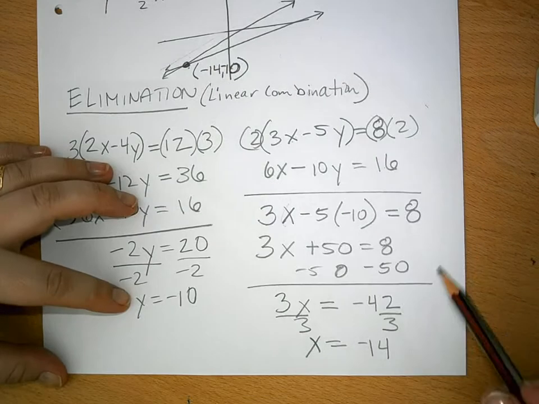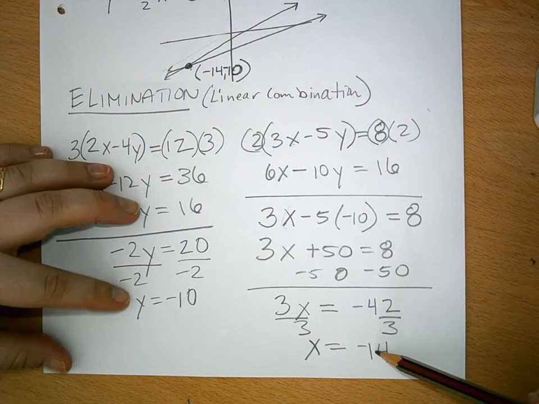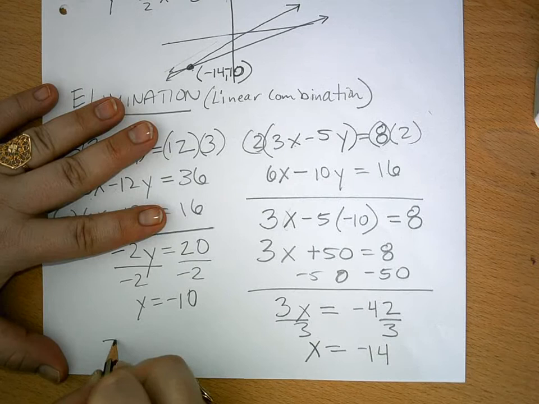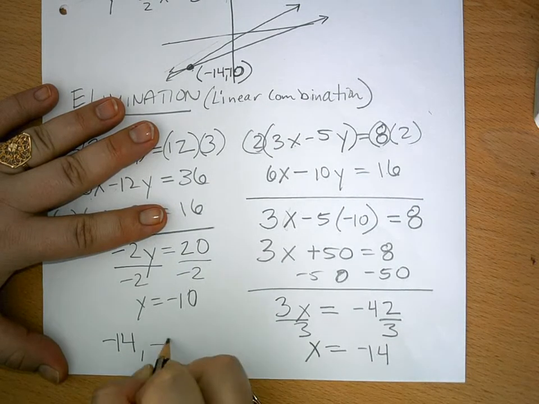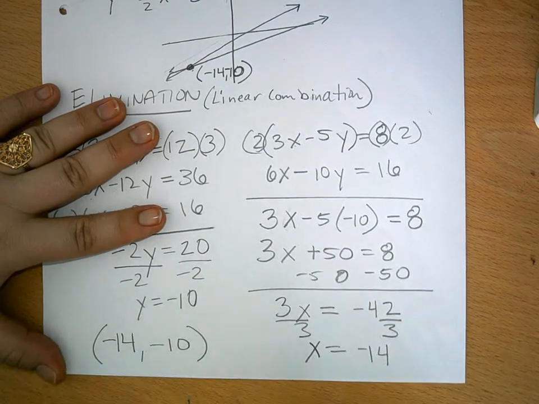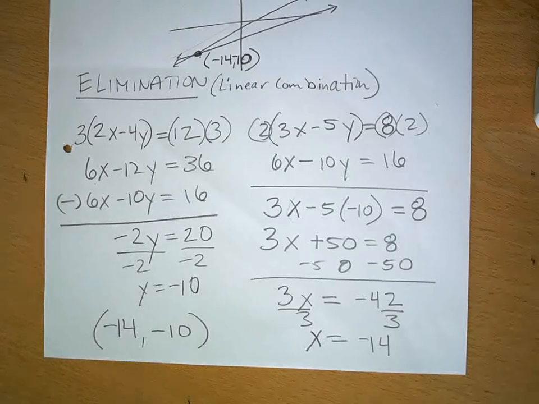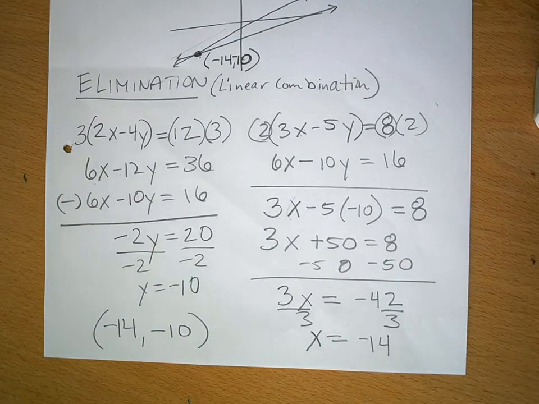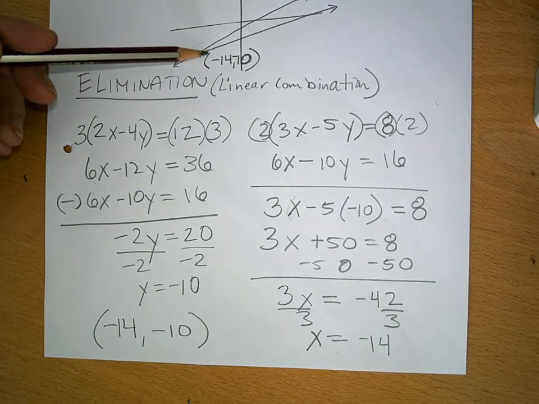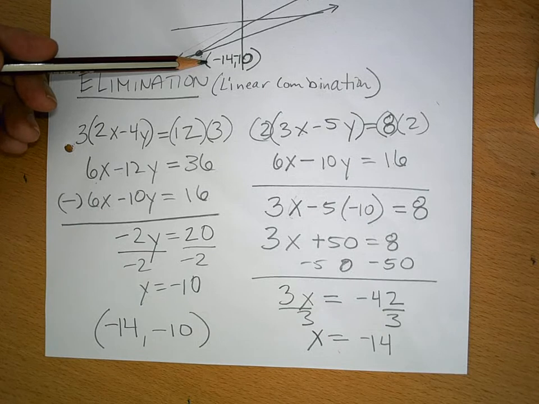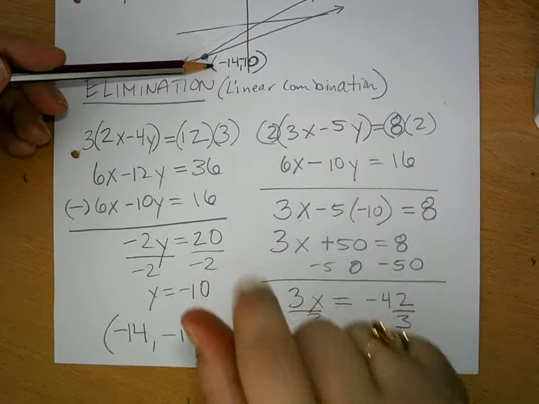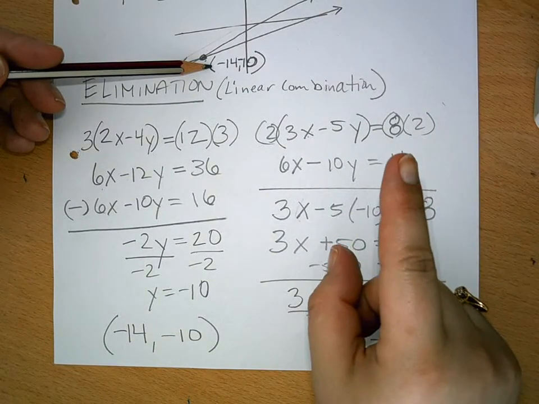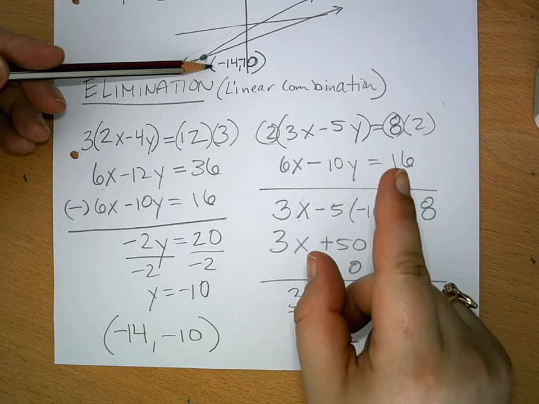And well, we get x equals -14. Finally, write your solution as an ordered pair using the x coordinate first, the x value first. We want to always refer back to the equation and remember that the solution to a system is when the two lines of the graphs intersect.